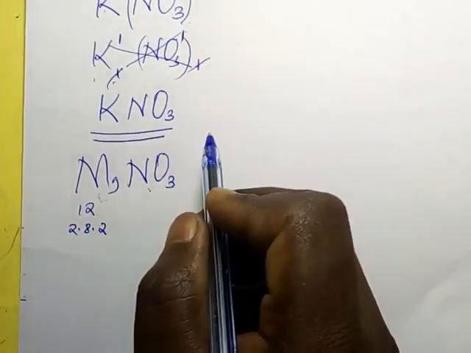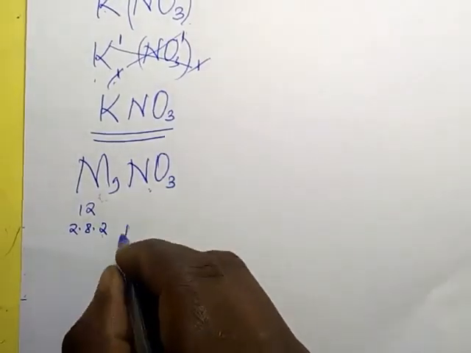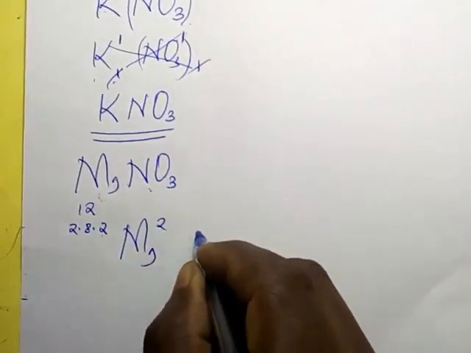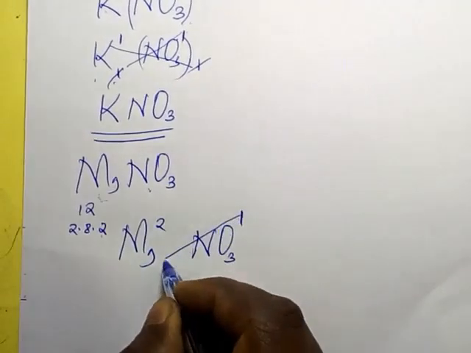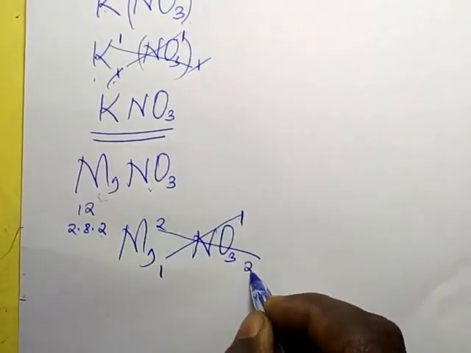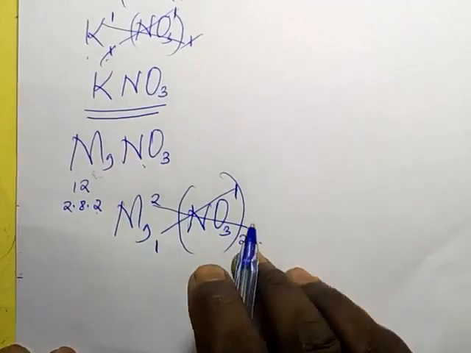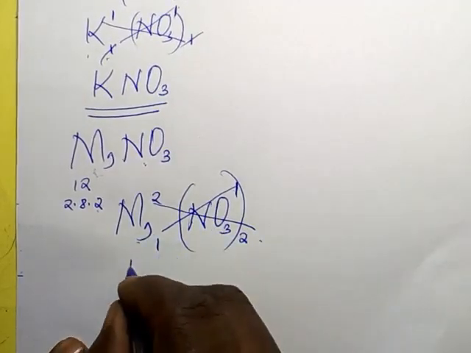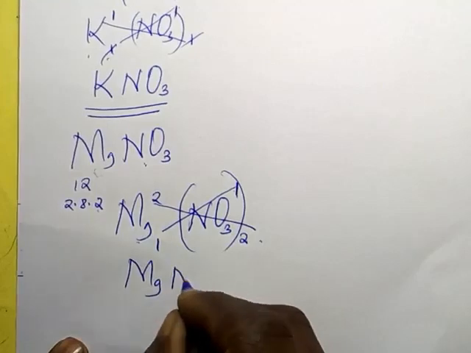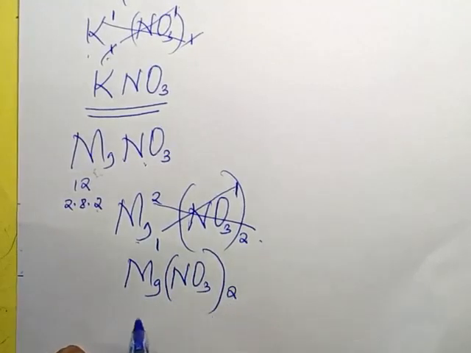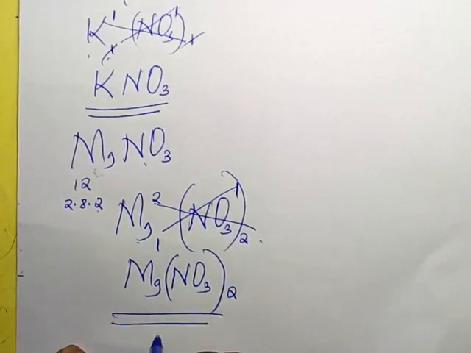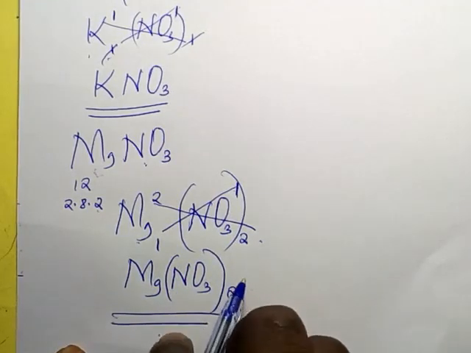Nitrate has valence 1. So what happens? So magnesium is valence 2. Nitrate is valence 1. So 1, 2. So therefore the final magnesium nitrate is Mg(NO3)2. And this is the correct formula for magnesium nitrate.